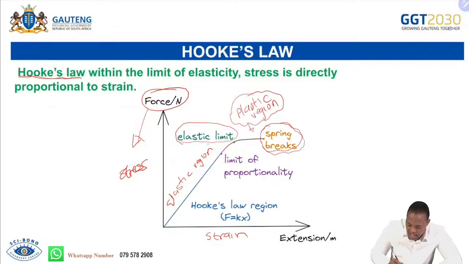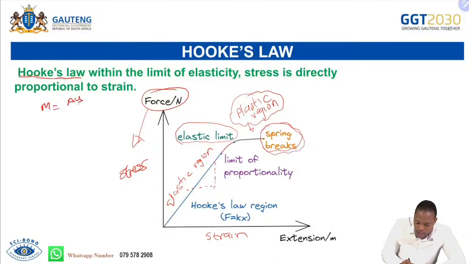Now, if we decide to take the gradient of the graph as it was done in Hooke's law, then the gradient, if you remember, is given by the change in y values over the change in x values.